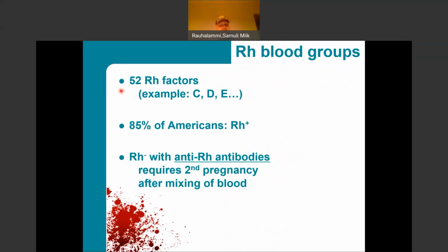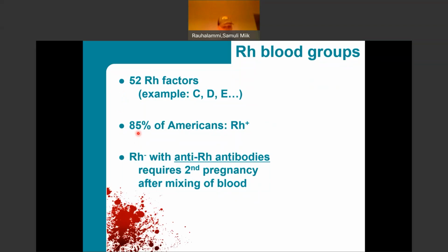The most common ones are C, D, and E. In fact, if someone is Rh positive, they're going to have antigen D on their red blood cell surface. This covers 85% of Americans. So most Americans are Rh positive. They will have antigen D on the surface of their red blood cells.